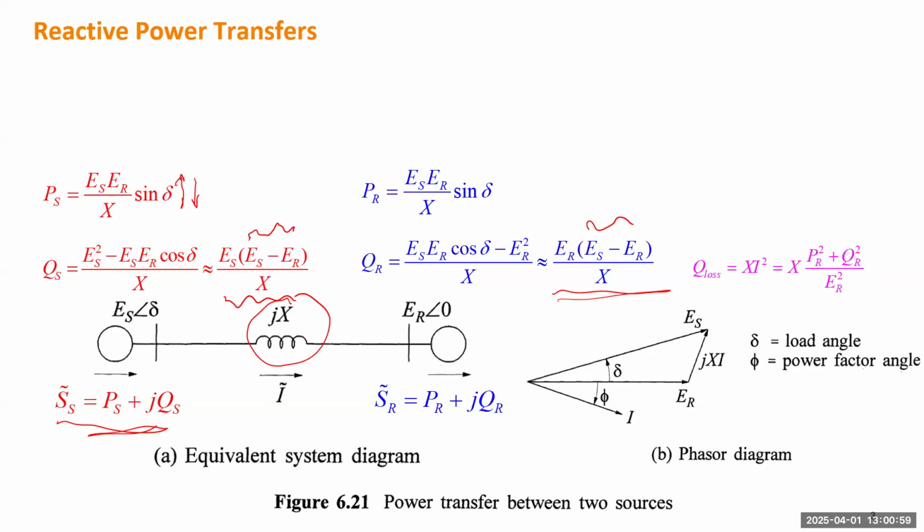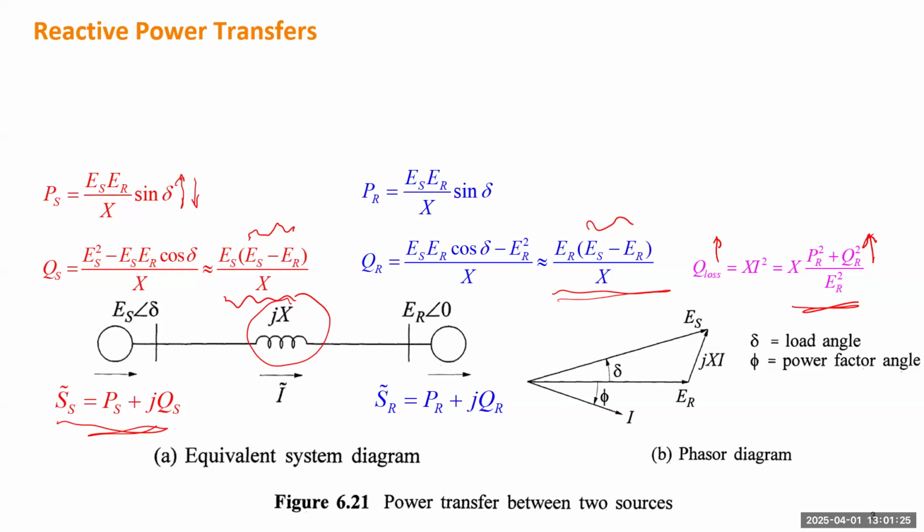The loss of Q, or reactive power, will be basically just reactance multiplied by the current magnitude squared, because current depends on P and Q and the voltage. So if you increase the reactive power delivered through the transmission line, this loss will also increase.